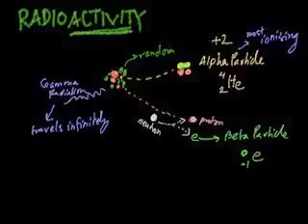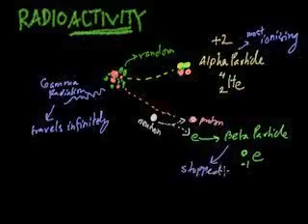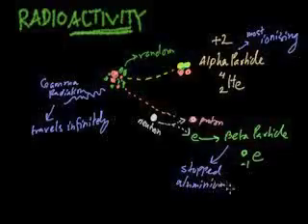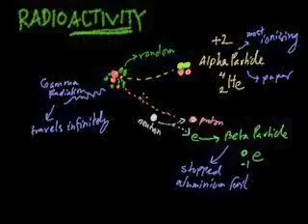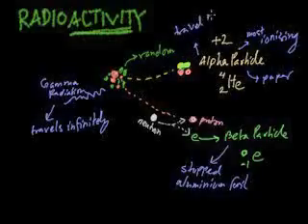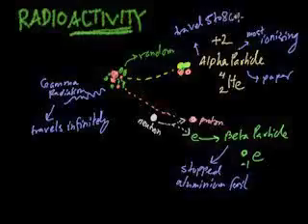Beta particles are stopped by a few centimeters of aluminium foil, and alpha particles are stopped by a piece of paper, very easy to stop. Alpha particles can travel around 5 to 8 centimeters. Beta particles can travel around a hundred centimeters.